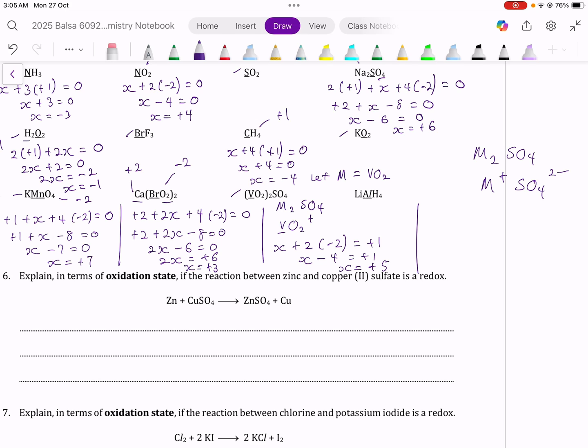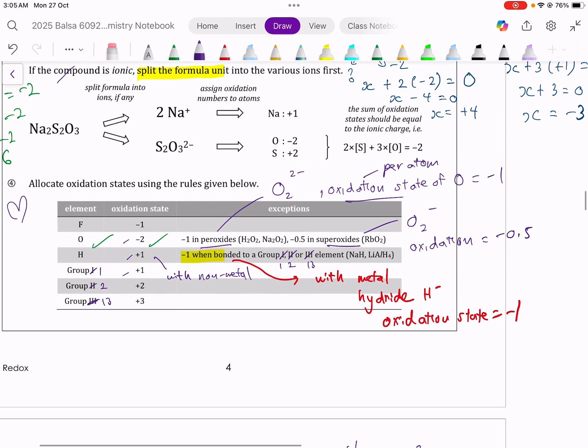And the last one is what we call lithium aluminium hydride. So hydrogen is -1. Hydrogen is -1 in this case. Your lithium, group 1, is +1. Aluminium, let's find out, should be +3 anyway, plus X, then you have 4 hydrogen. That's a hydride, because it's with a metal, that's why now it is -1. With metal is -1, notice this one, hydride.